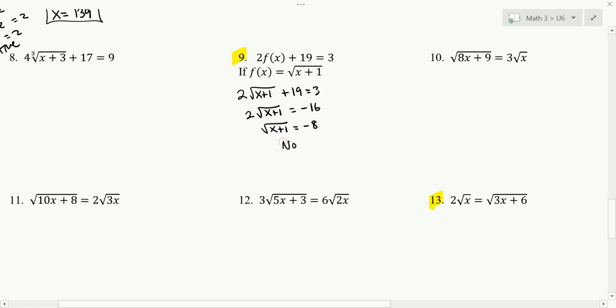No solution, because a square root cannot produce a negative answer. Or at least no real solution, right?